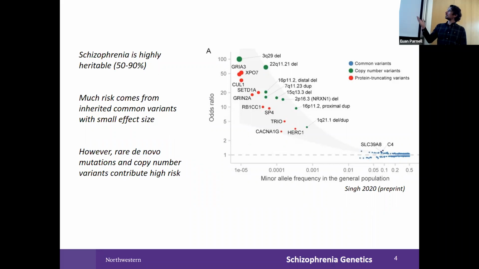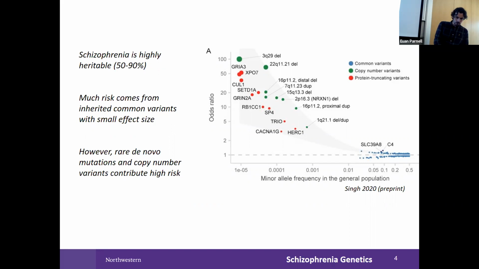But on the right, you have these either inherited or de novo mutations in single genes or in large portions of the genome that confer much higher risk to schizophrenia. So you have the 22q11, that's a famous model for schizophrenia that gives 65 times the risk for schizophrenia. But it's very rare in the population. Not many people have that.